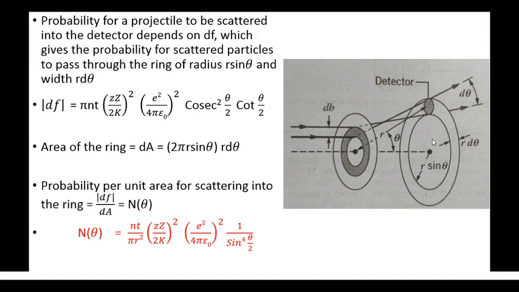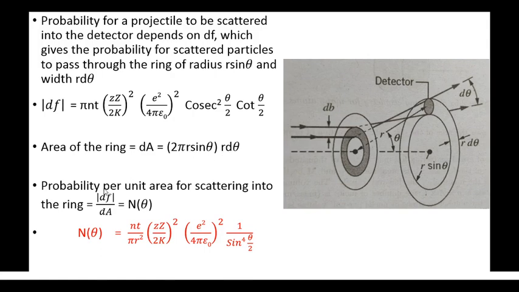So its circumference is 2 pi r sine theta, and this ring is of thickness r d theta. So what is the total area of this ring? It will be 2 pi r sine theta into r d theta. So that is the area of the ring dA, which is equal to 2 pi r sine theta into r d theta.